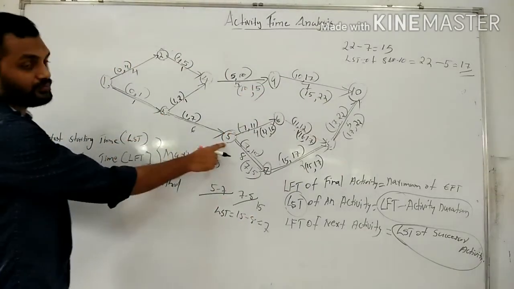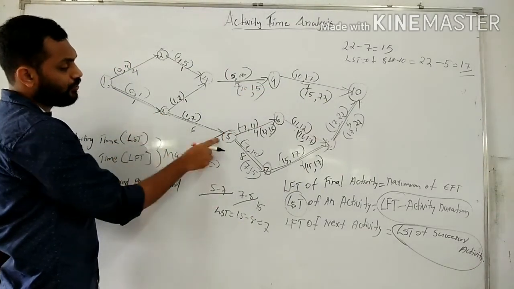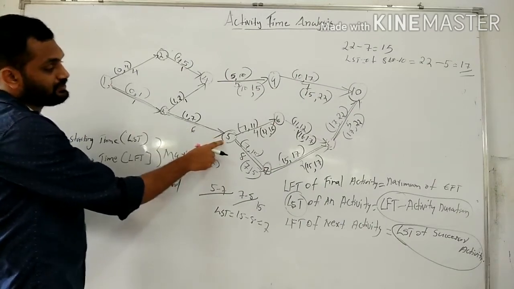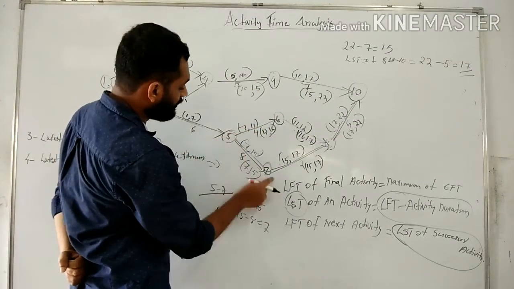Then 3 to 5. The successor activities of 3 to 5 are 5 to 6 and 5 to 7.